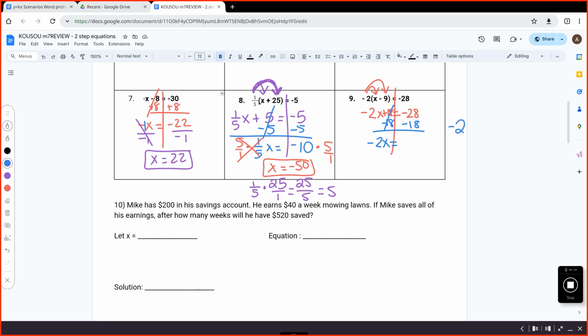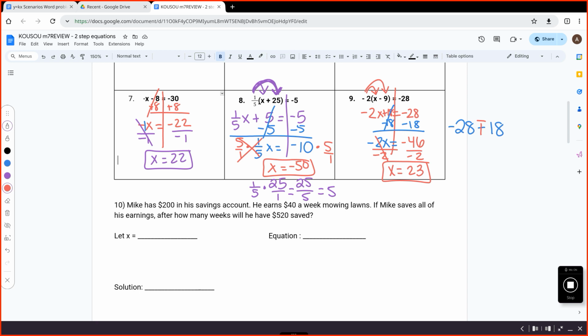Be careful. Negative 28 minus 18. Keep, change, or keep, switch. And it's really now negative 28 plus negative 18, which gets us negative 46. All right, divide each side by negative 2, and you get x is equal to 23. And it's a positive 23 because it's a negative divided by a negative, which gets you a positive.